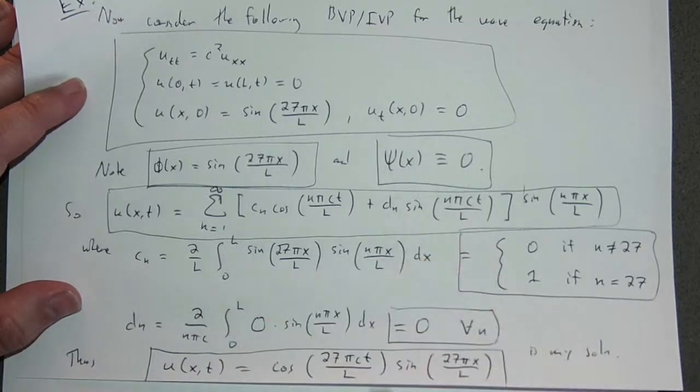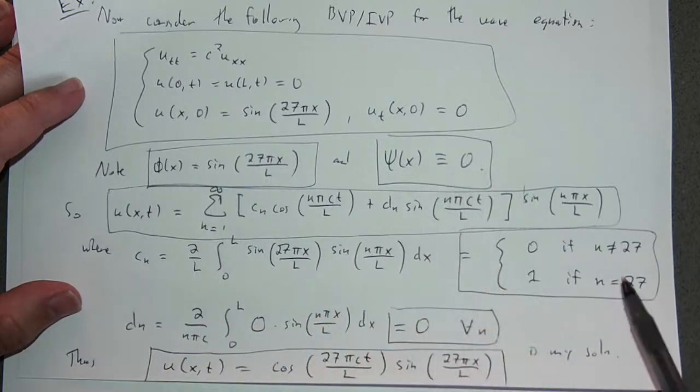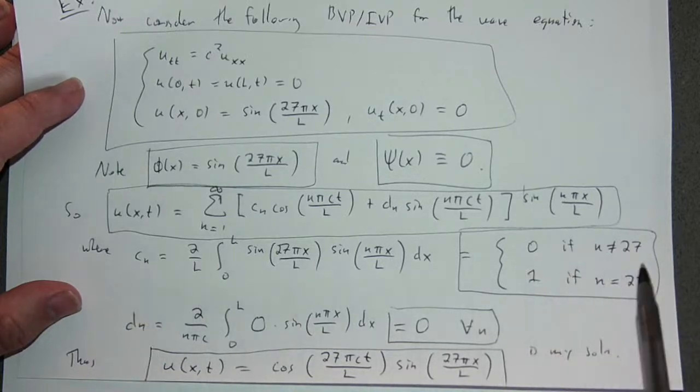Well, the exact same thing would have happened. If my velocity was still zero, the exact same thing would happen, and instead of these coefficients picking out the 27th term, it would have picked out the 37th term.